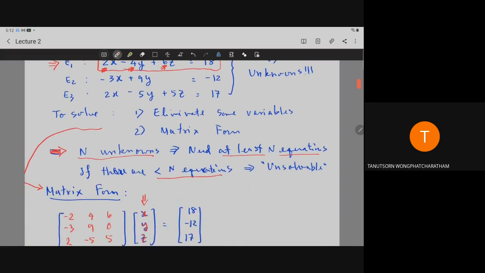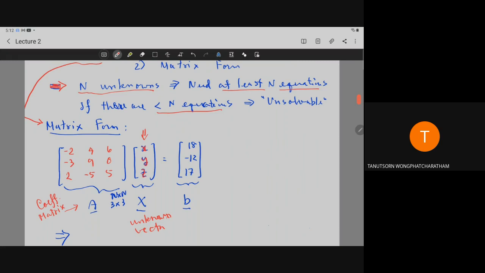So in matrix form, I can put -2, 4, and 6 right here on the first line, because when I put A and X like this, it means that -2 is going to be multiplied with x, 4 with y, and 6 with z.